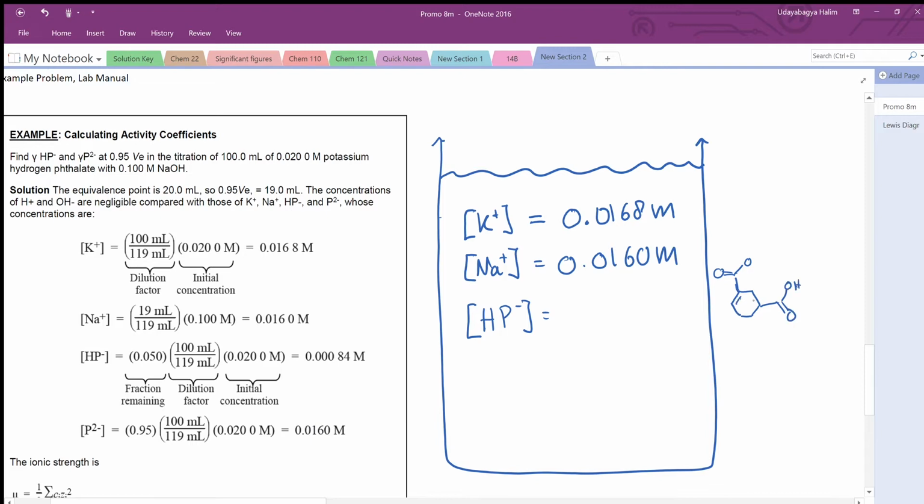So this is our HP minus. That doesn't look right to me, but close enough. The concentration of HP minus at 95% equivalence volume from your laboratory is 0.00084 molar. And the last one, we also have P2 minus, which is 0.01060 molar. That's the molecule where 2 of the hydrogens have disappeared.